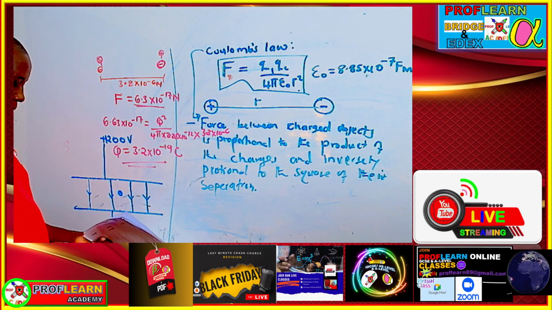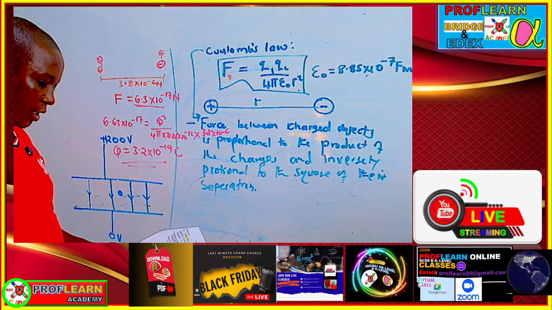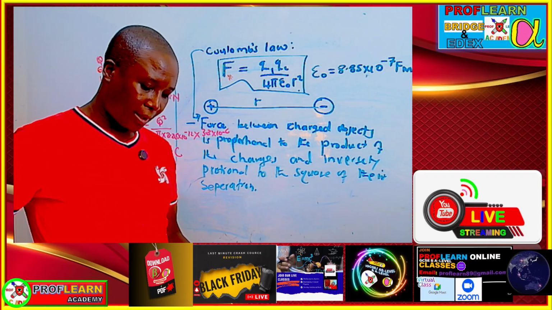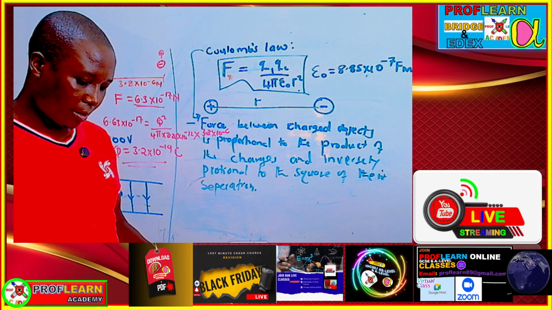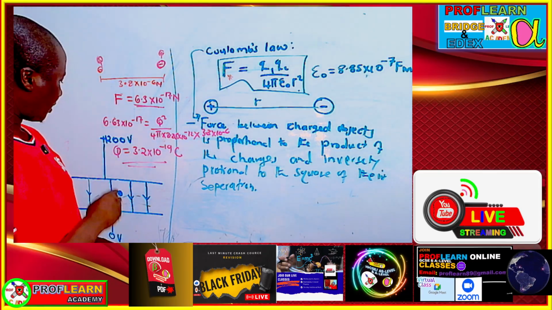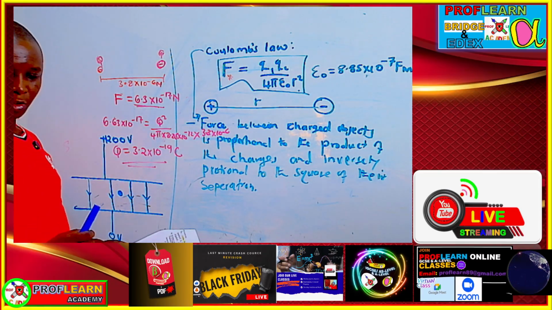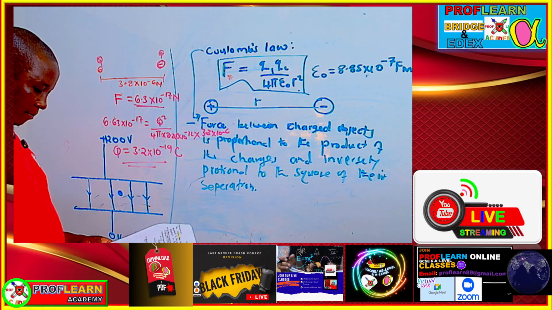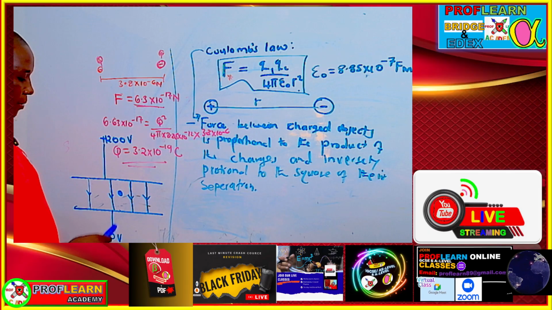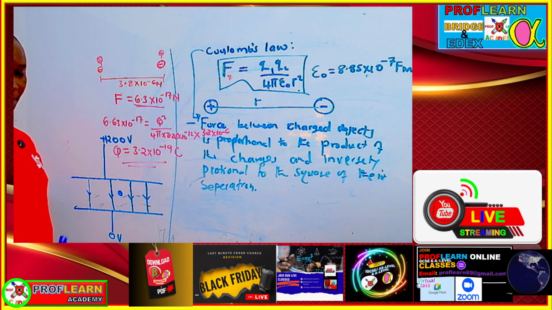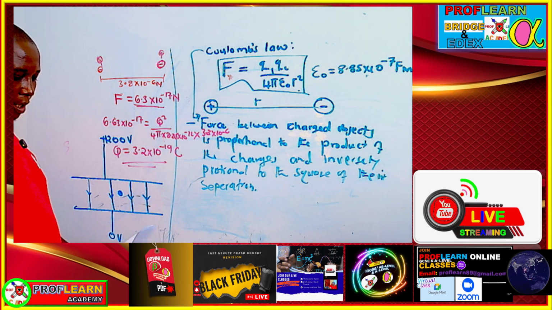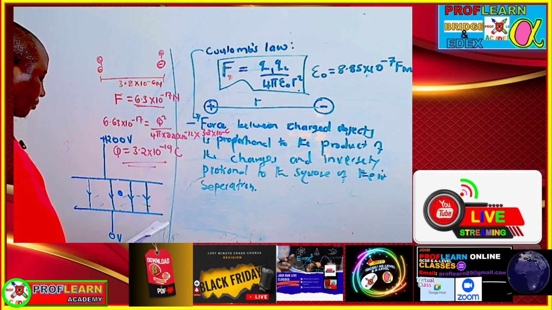Then we are told there is a stationary oil drop placed between the two plates. The potential difference is applied with the top plate at a higher potential. The oil drop is stationary, in equilibrium at this particular point. And then you are asked to state the sign of the charge.